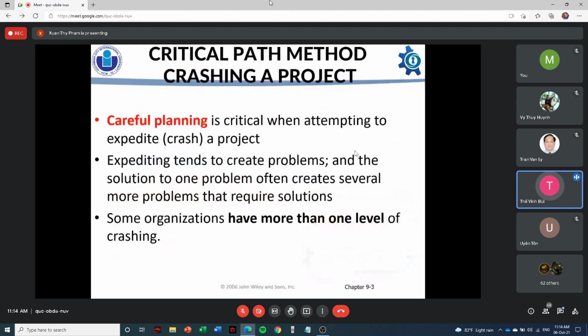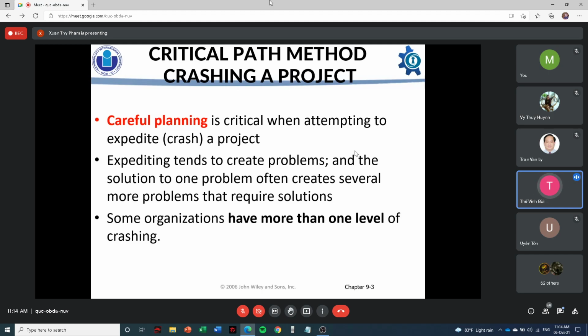The next slide explains some terms of the critical path method. The first term is careful planning. Careful planning is critical when attempting to expedite a project.